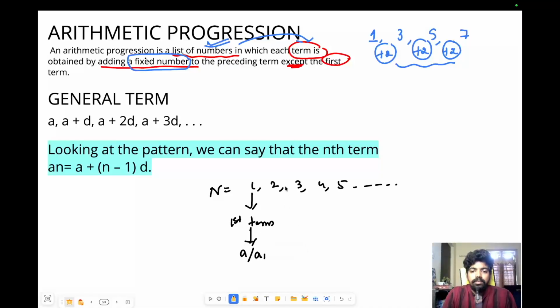The second number we call it as the second term, that is a2. Similarly a3, a4, a5, so on up to the nth term. There is a last term that we call as an, the nth term.